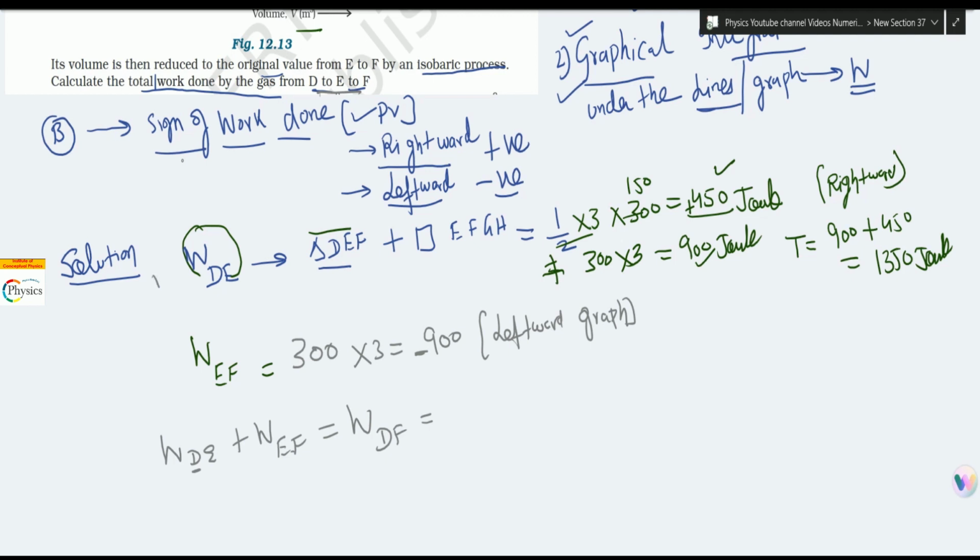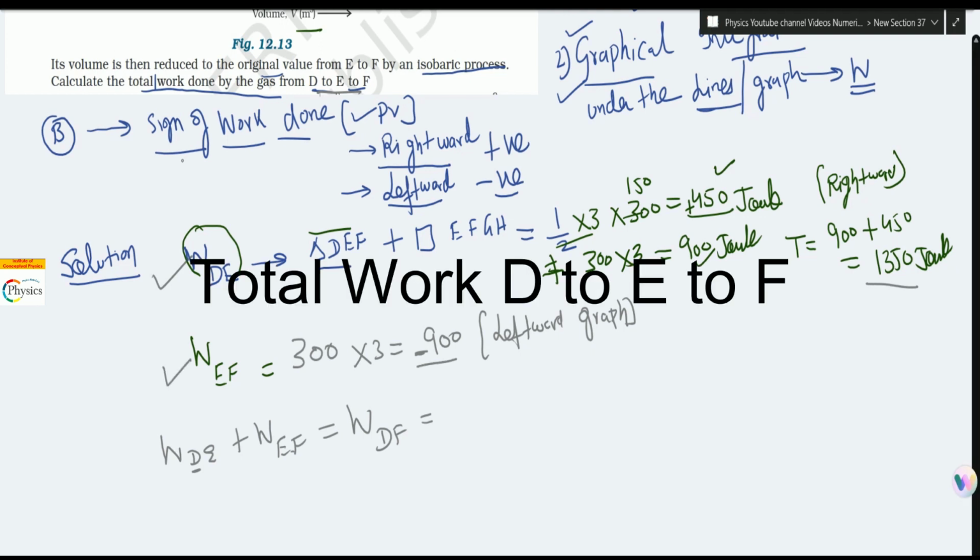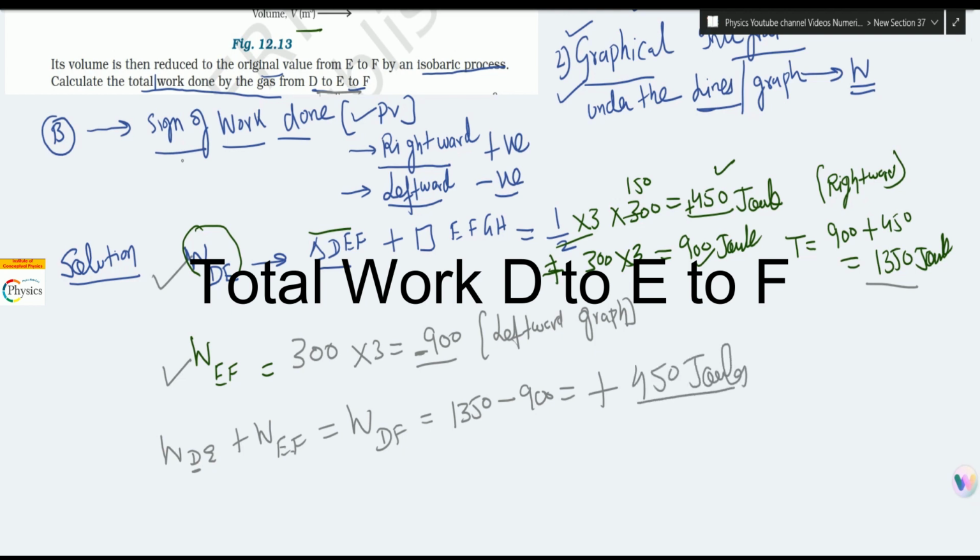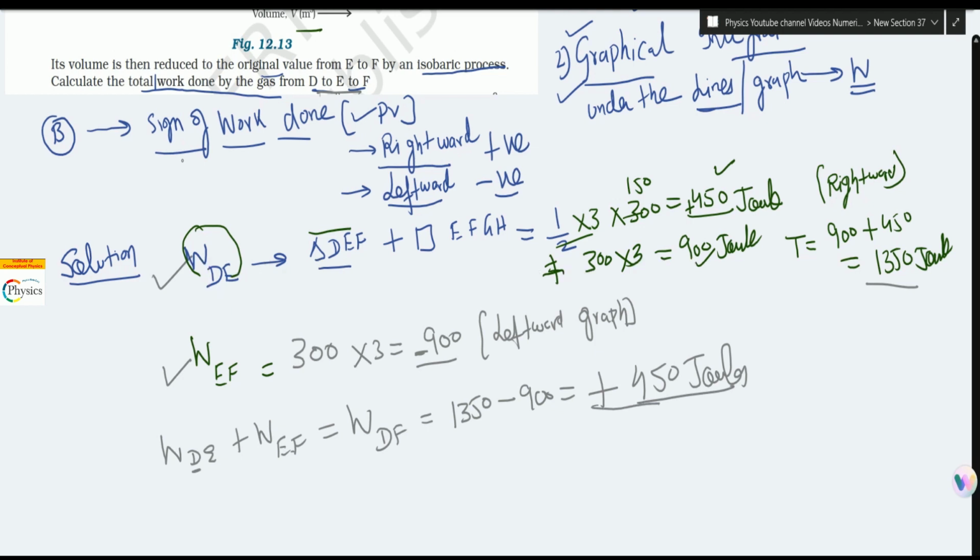This is graphical integration number one, where we got 1350. This is the second graphical integration, where we got minus 900. So 1350 minus 900 is equal to plus 450 joules. So the net work done is positive.